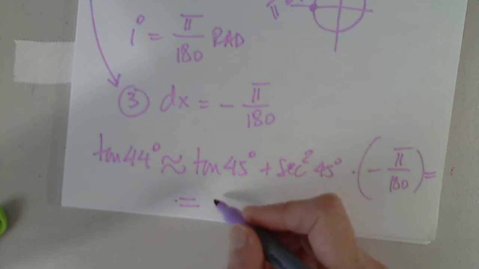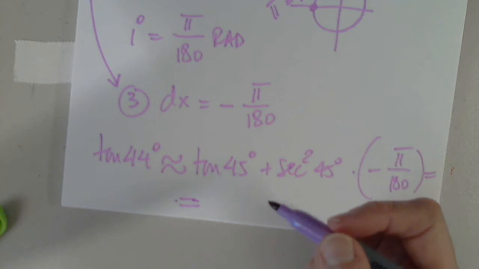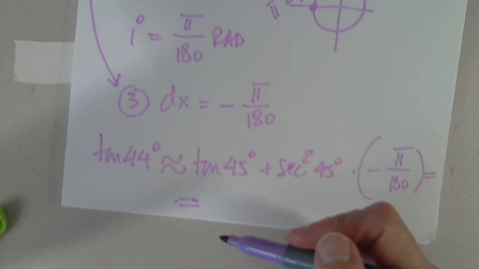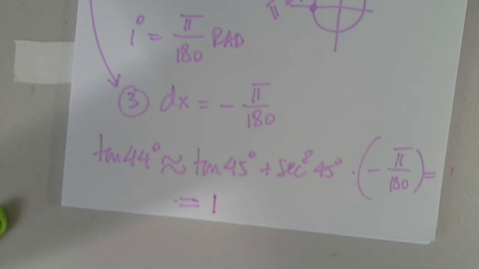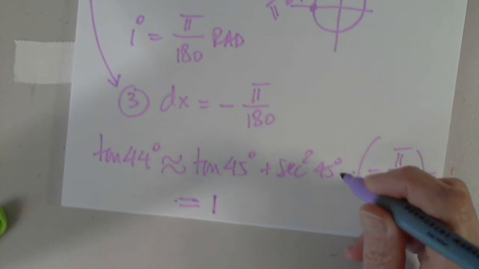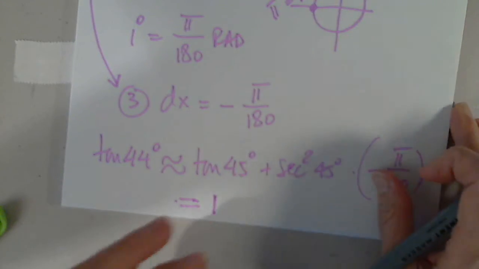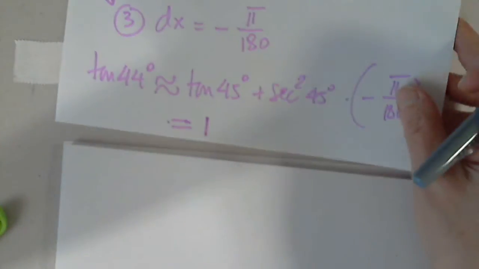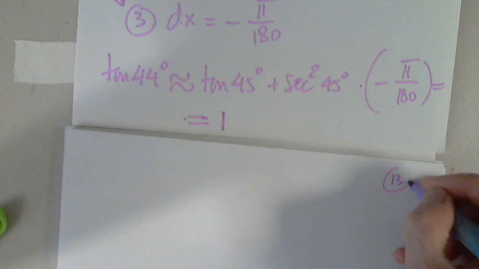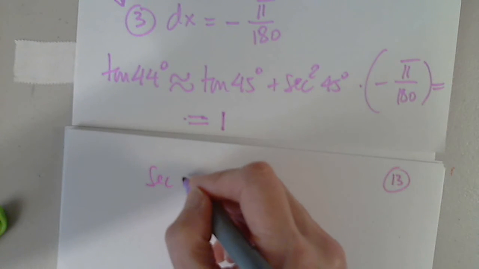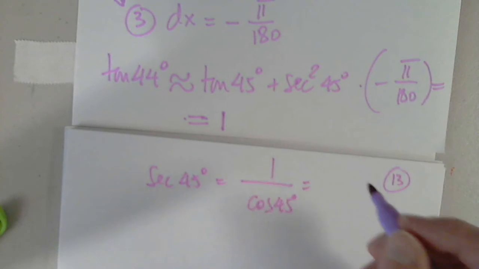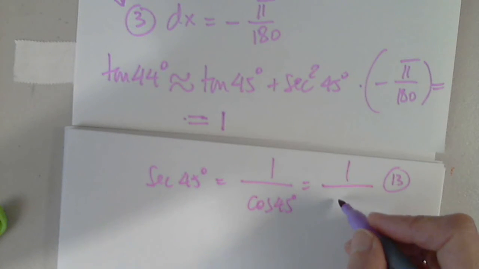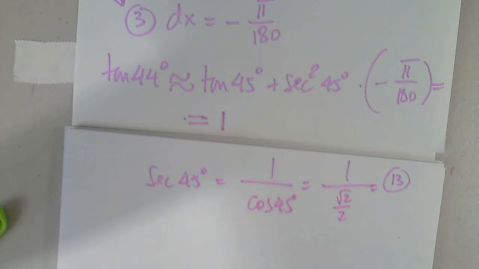So tangent 45 is a nice number because sine and cosine are the same. So it must be 1. Now secant squared 45, remember secant is 1 over cosine. So secant 45 degrees is 1 over cosine 45 degrees, which is 1 over the square root of 2 over 2, which will be 2 over the square root of 2.